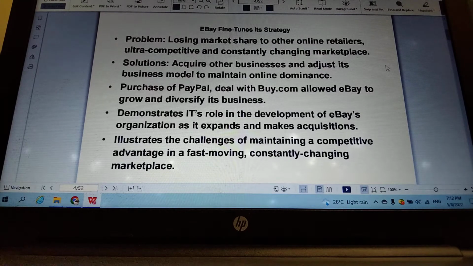In a similar way, when you have identified a company with a problem such as this, for example, losing market share to other online retailers, where the competition is very high, very steep, and the marketplace is constantly changing, some of these solutions can be applied as well.